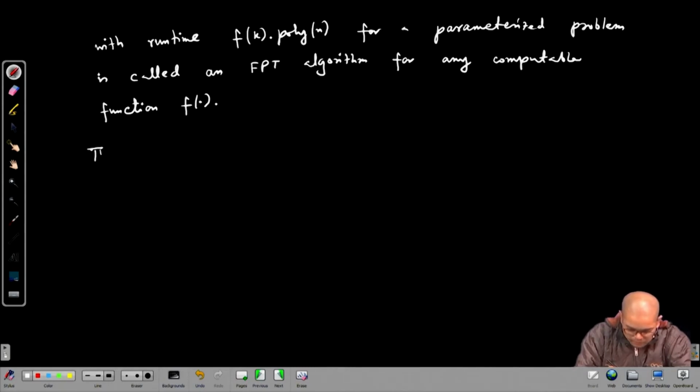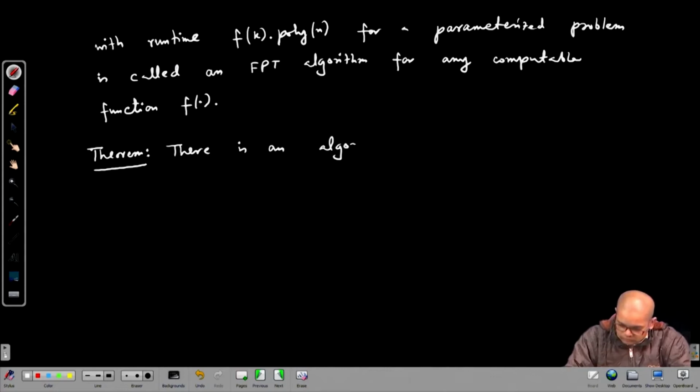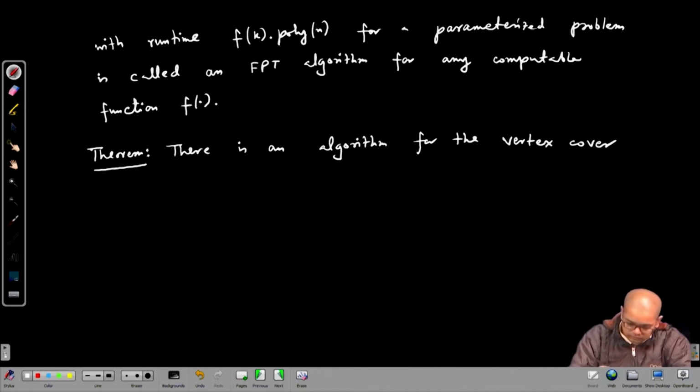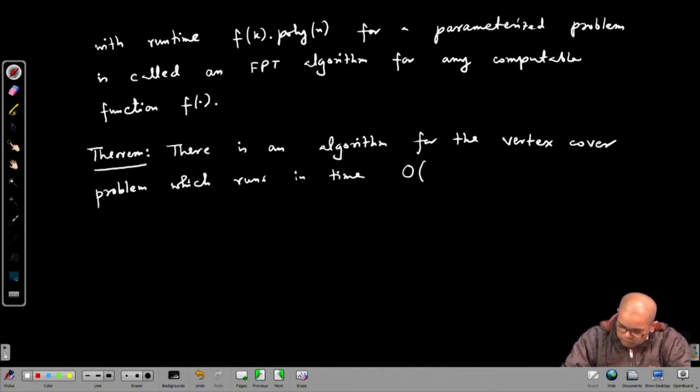So here is a theorem. There is an algorithm for the vertex cover problem which runs in time big O of 2 to the power k times poly n.